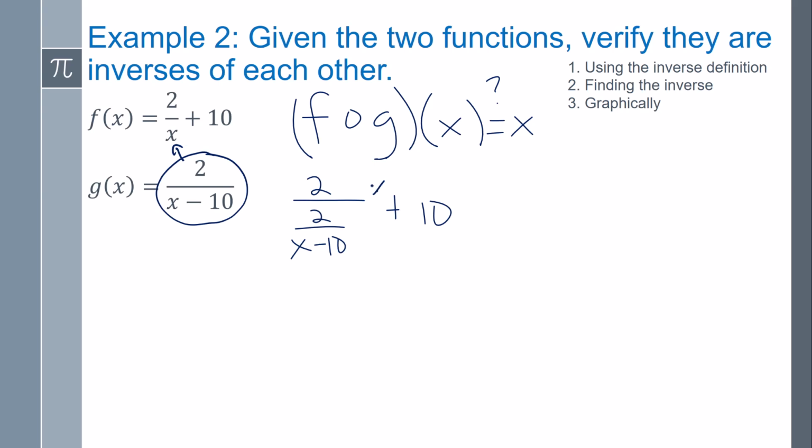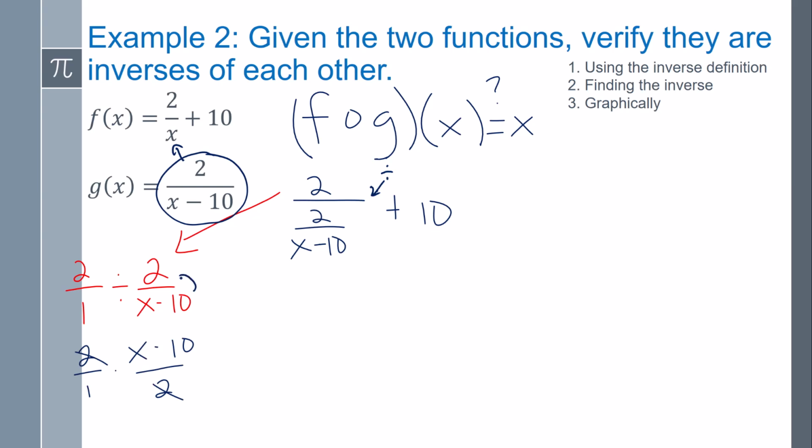Now we haven't really seen complex fractions like this before. Now what this actually means is, remember, fraction means division. So this is saying 2 over 1 divided by 2 over x minus 10. So we're just making a division statement. Now that division statement means that 2 over x minus 10 is going to have to flip.